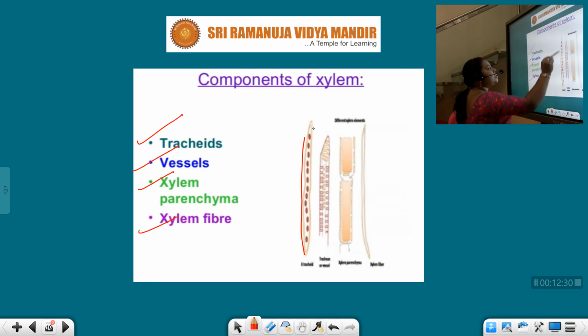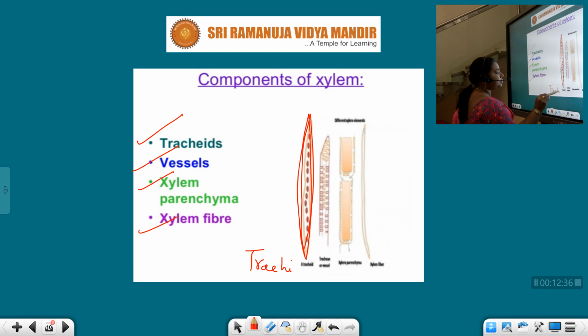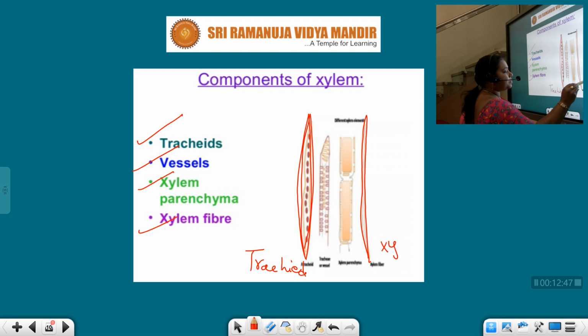See, these are the tracheids, students. Elongated ones. Next, this one is the xylem fiber.